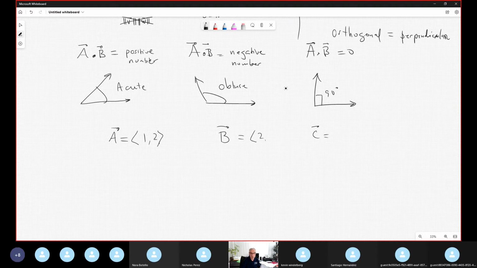And this vector is 2, 4. And this vector is 2, 6. And you want to prove mathematically that vector A and vector B are parallel. Easy. You take component by component.